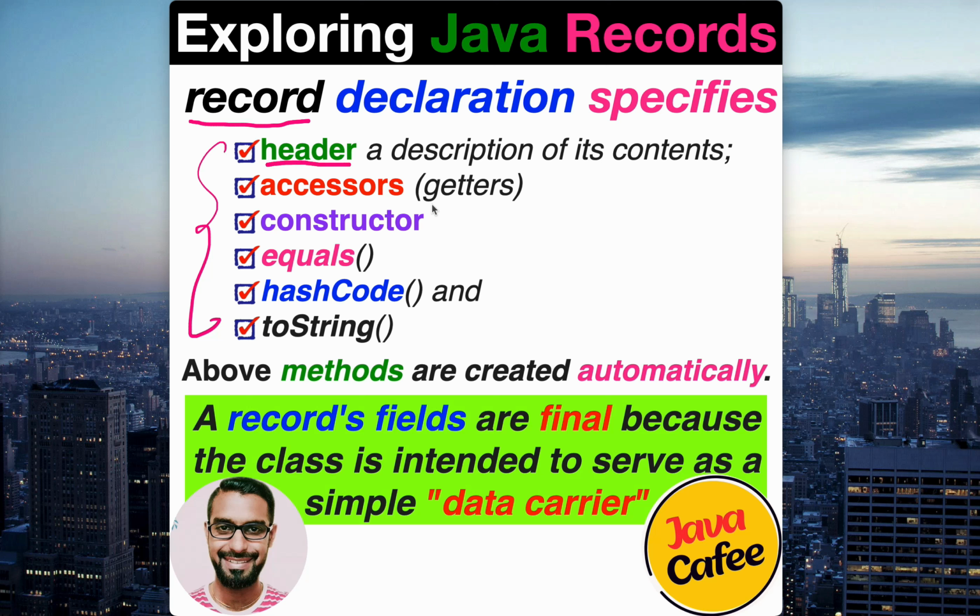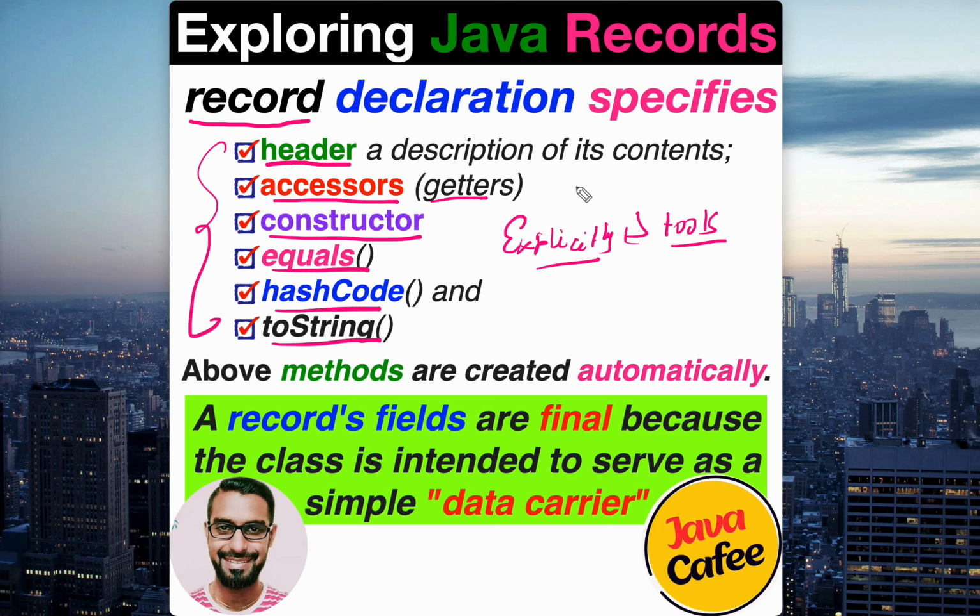We declared the getter methods explicitly, that's accessor methods. We had an argumented constructor declared, we had an equals method, we had a hashCode method, we had a toString method. So all these have been defined explicitly, whether we write it explicitly or we make use of the IDE tools to automate those codes, that's irrespective.